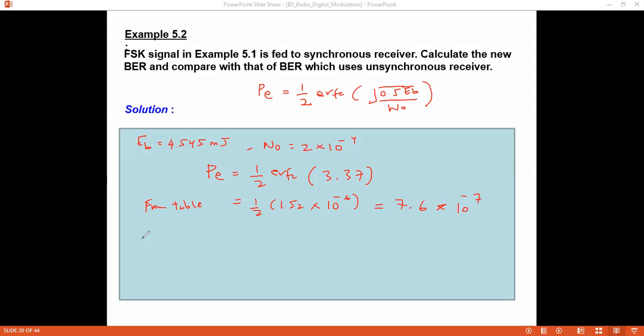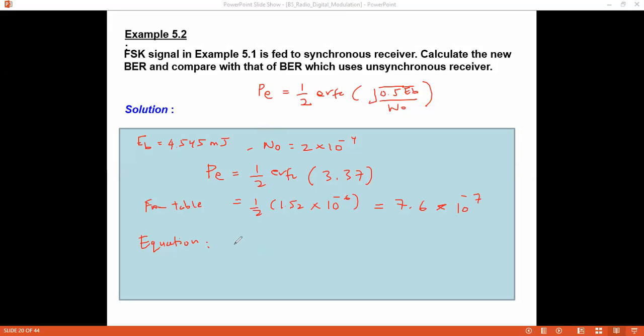If we use the equation, we can use it because the x here is larger than 2. So if you use the equation for error function x, here I put x equal to 3.37.